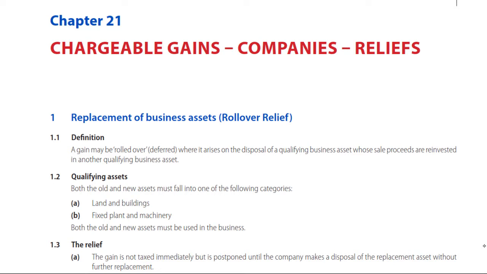Now then, if we reinvest all of the proceeds, full rollover relief was available, i.e. all of the gain that arose on the disposal could be deferred.